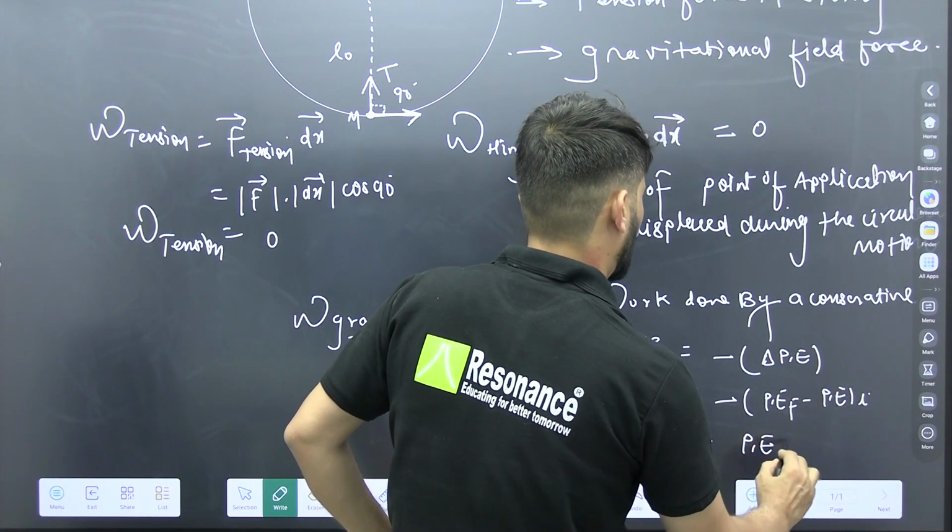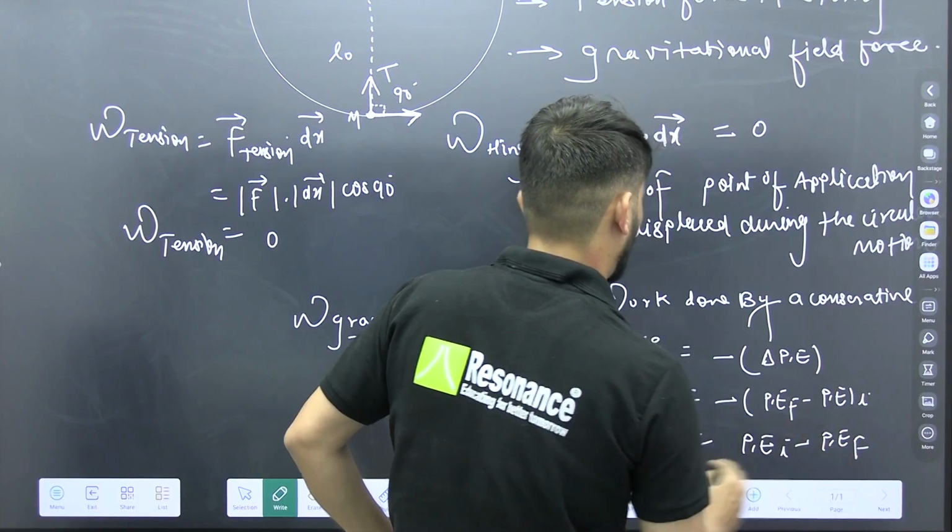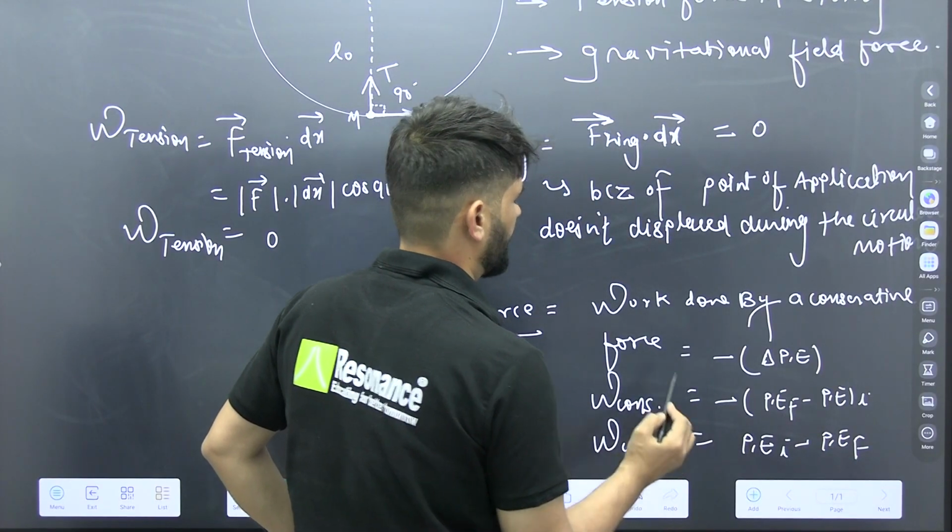So potential energy initial minus potential energy final is the work done by the conservative force.